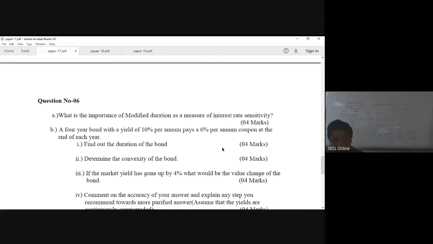Now, in order to get the convexity calculated, what are you going to do? You need to have another column constructed, and we call that column the time squared column. Then you have a time squared into weight column, the total of which will give you the convexity.